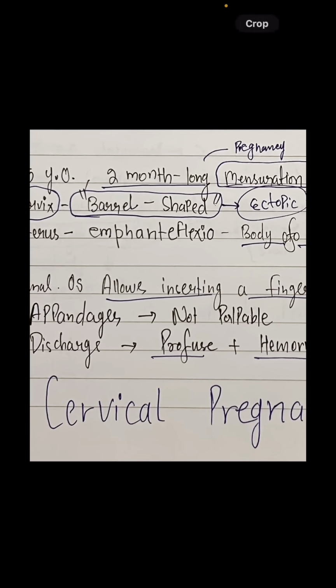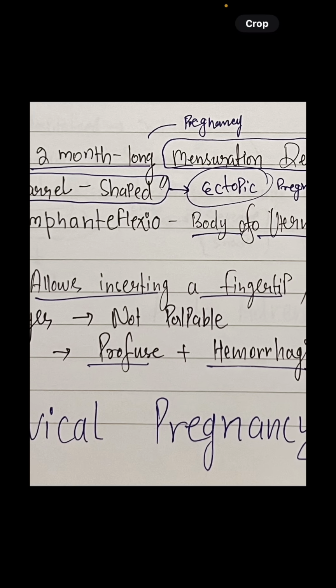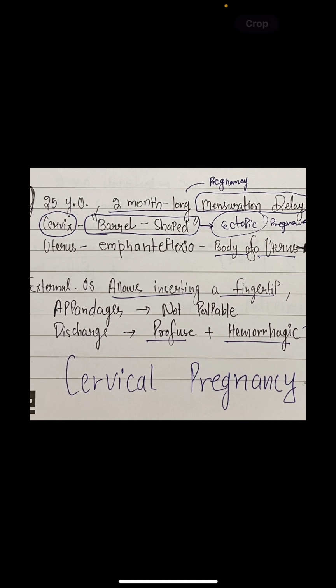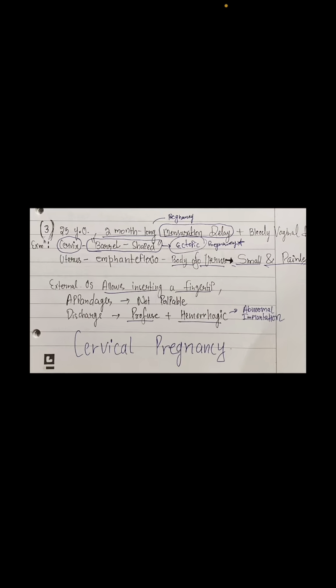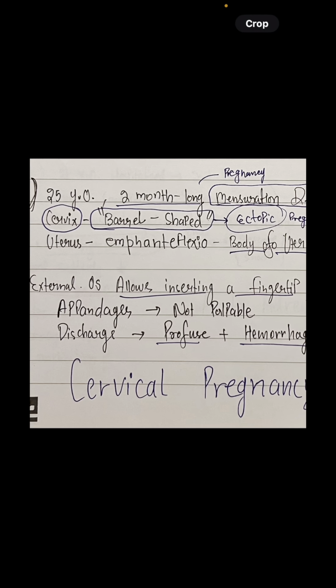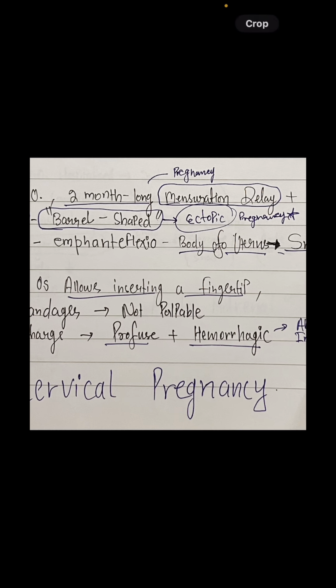So let's say a barrel-shaped cervix is seen in ectopic pregnancy. Ectopic pregnancy is a pregnancy outside the area of the uterus, like in the fallopian tube or somewhere. The barrel-shaped cervix is the hallmark finding for ectopic pregnancy.